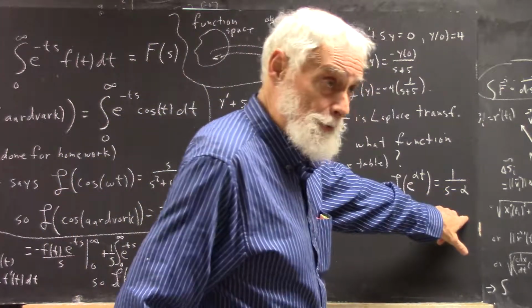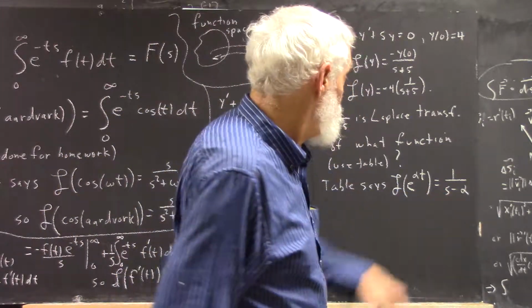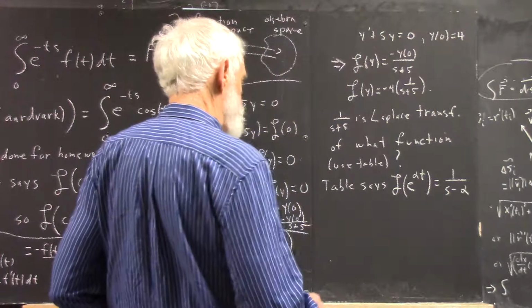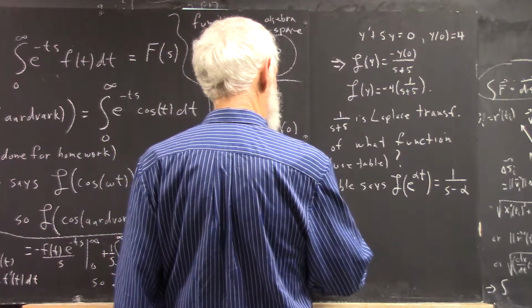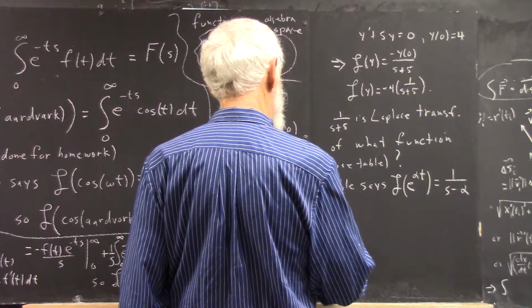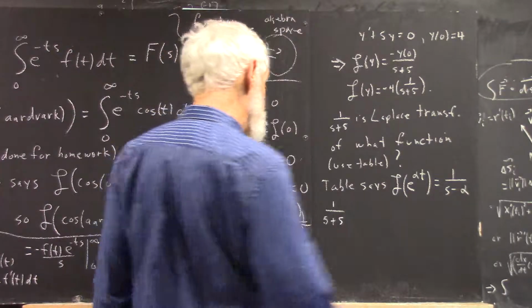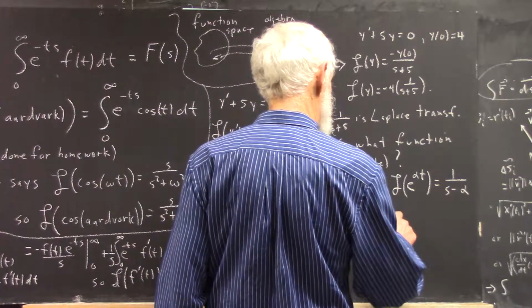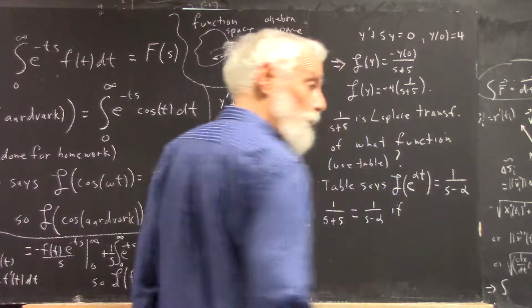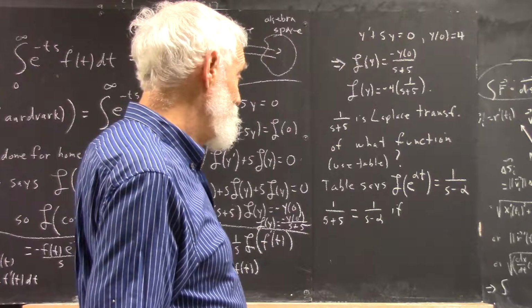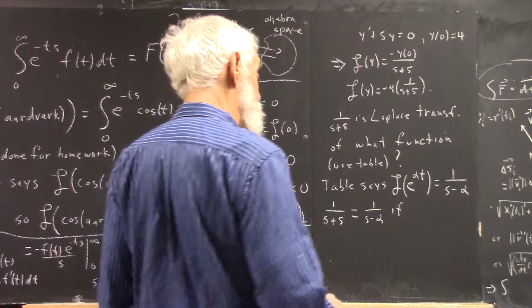And as I say, most of them are easy. Anyhow, you have this, okay? So, one over s plus 5 equals 1 over s minus alpha if what? Alpha's negative 5. Yeah.